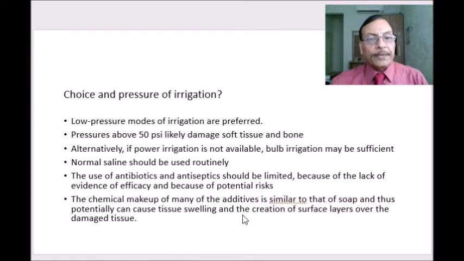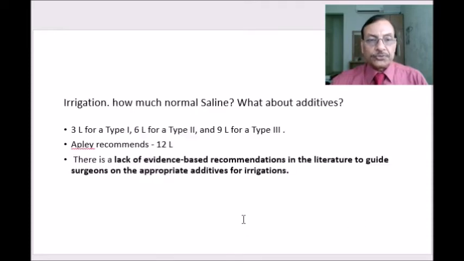Should the antibiotics and antiseptics be mixed? The advice is not in its favor. There is no clear-cut evidence that they are having some ultimate result on the infection. The chemical makeup of many of the additives is similar to that of soap and thus potentially can cause tissue swelling and creation of surface layers over the damaged tissue.